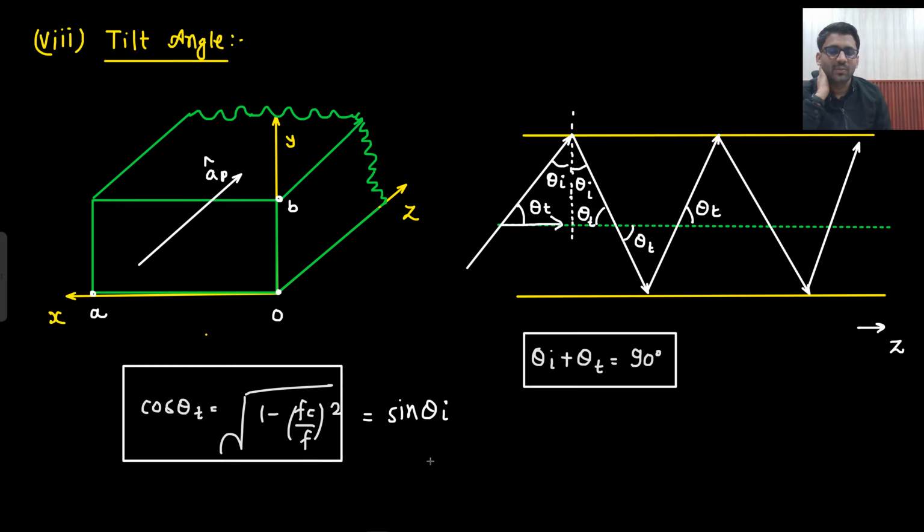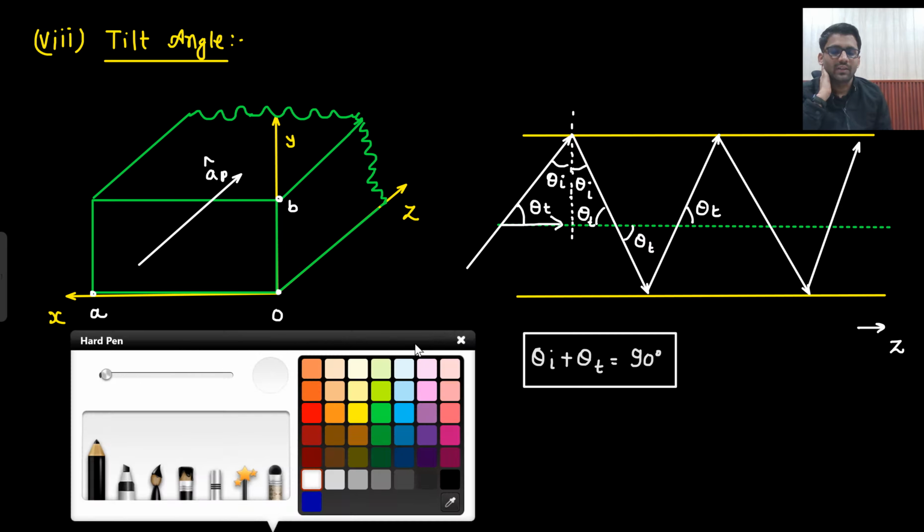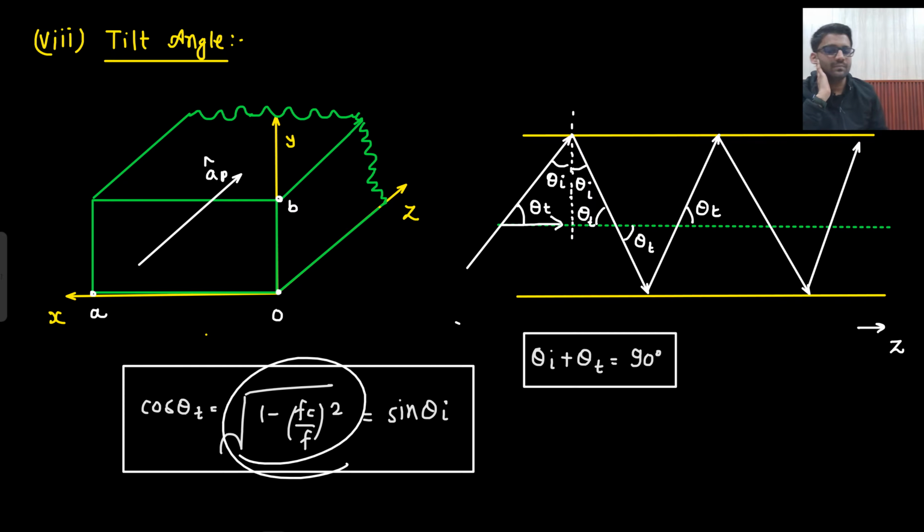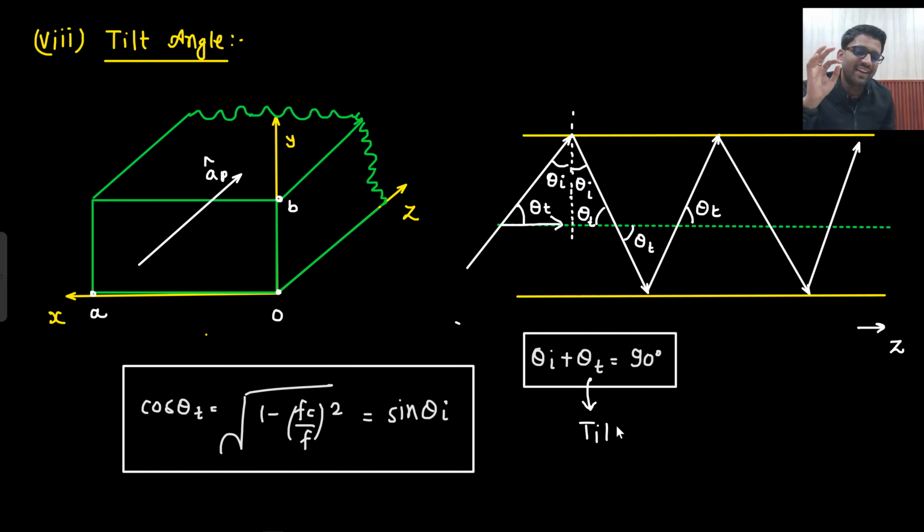At least remember this factor that keeps coming again and again: under root 1 minus (fc by f) square is equivalent to cos theta t. And theta t here is the tilt angle. Is that clear? Will you be able to keep this in your mind? So cos theta t is under root 1 minus (fc by f) whole square.